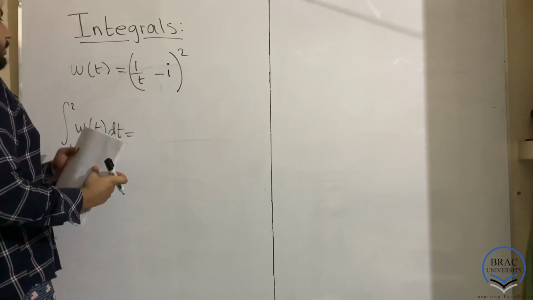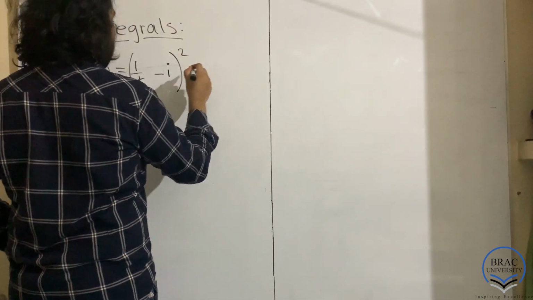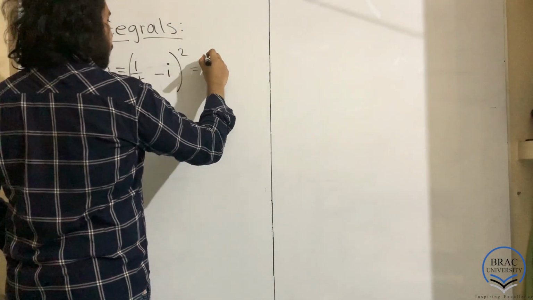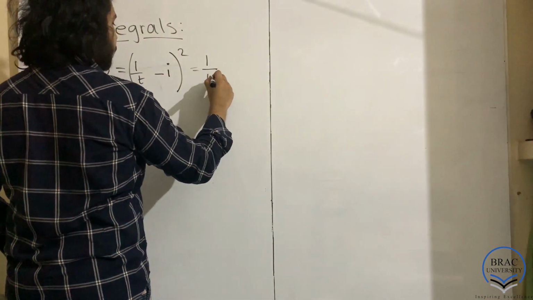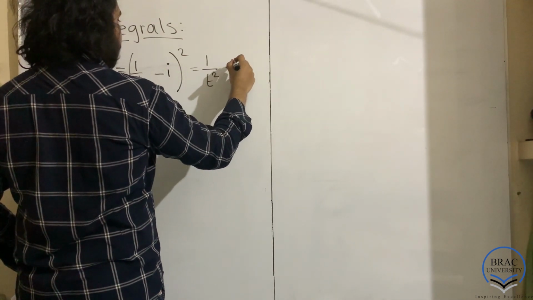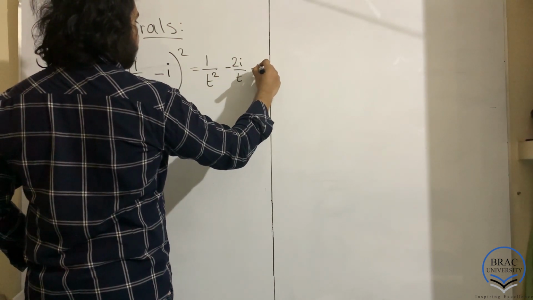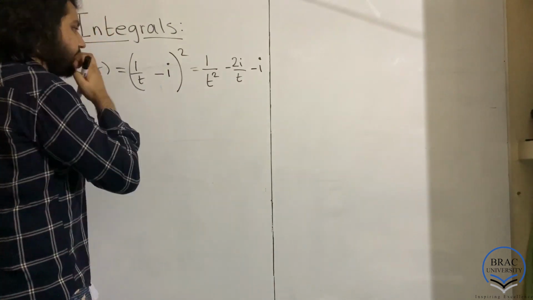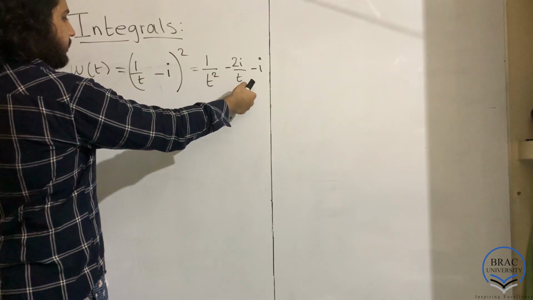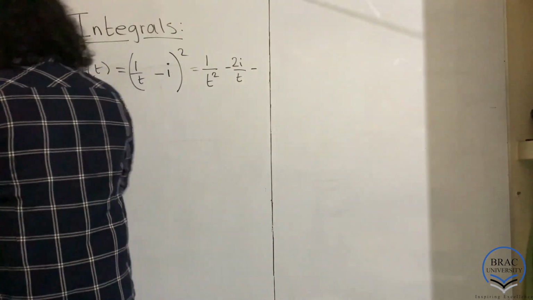So let's first break this down, then put it into the integral. I should have done it before, sorry. So if you break it down, you get 1 over t squared minus twice i over t minus i, right? Actually, sorry, not minus i, it's going to be minus 1, since i squared is minus 1. Sorry for having so many boo-boos in this video.